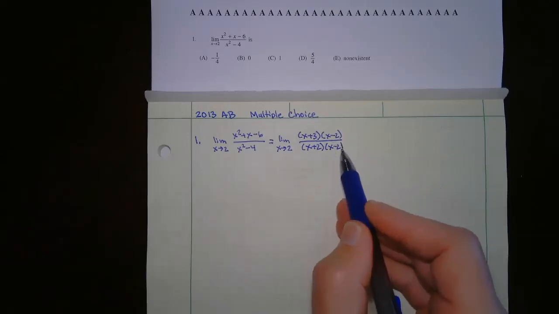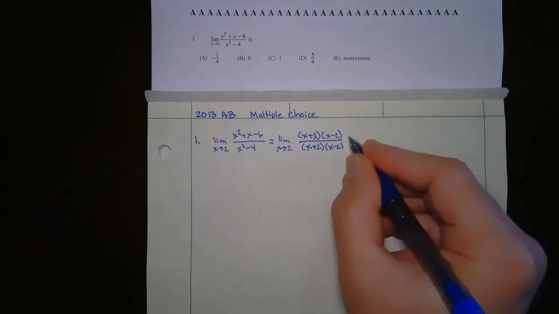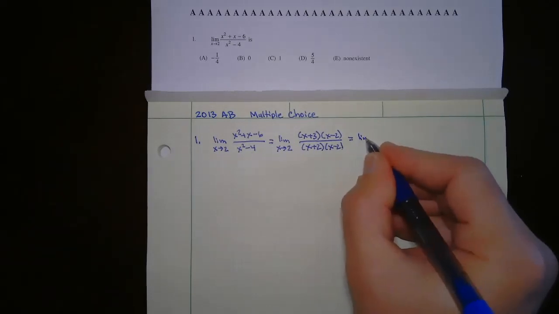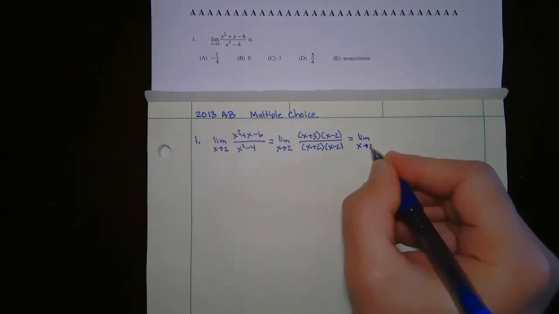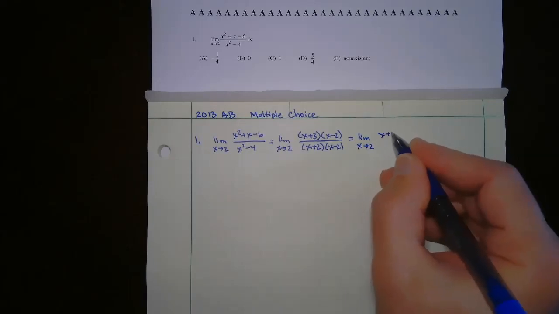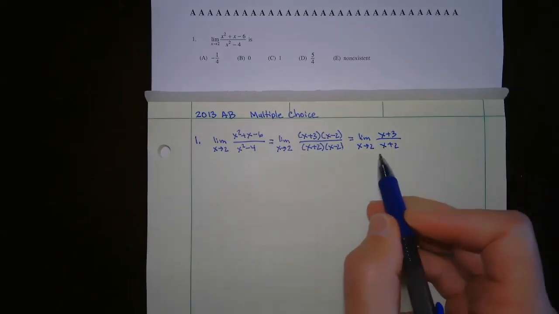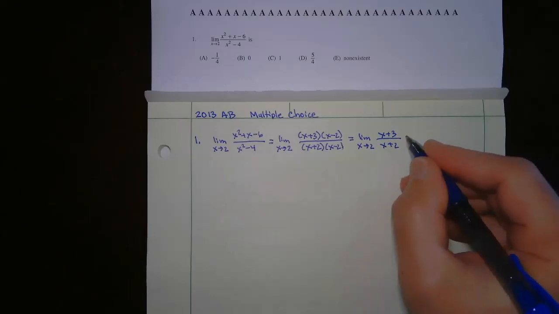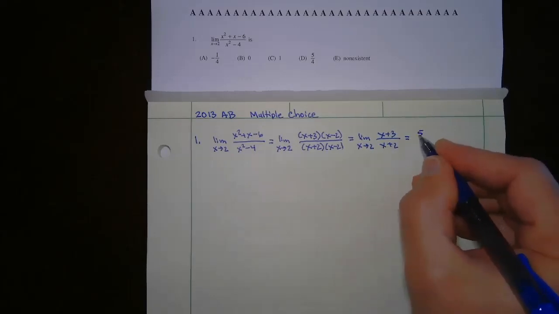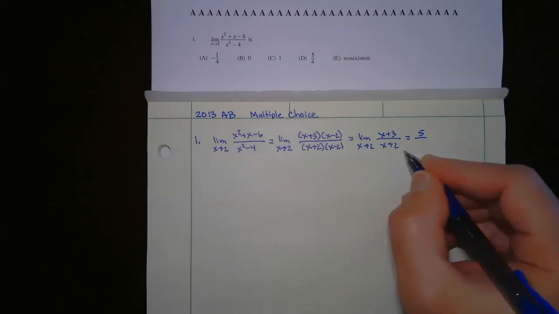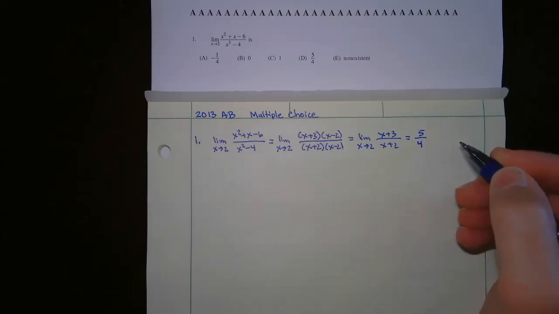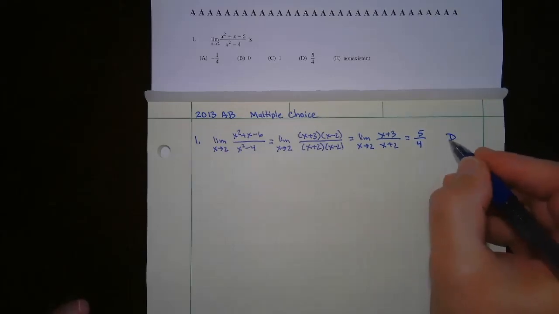Your removable discontinuity is at x equals 2. So this is equal to the limit as x approaches 2 of x plus 3 over x plus 2. Now we can do a direct substitution. This becomes 5, because 2 plus 3 is 5, over 2 plus 2, which is 4. So the answer is 5/4, which is D.